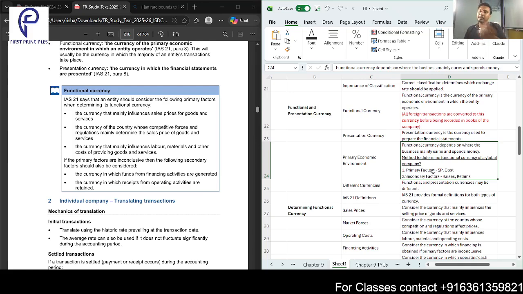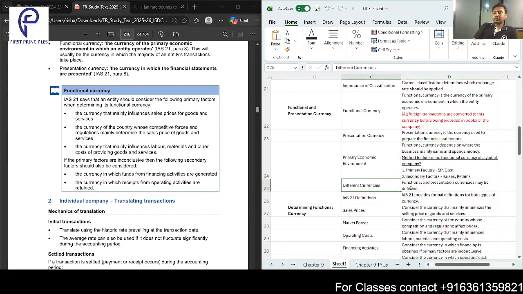If it's a single currency, that is your functional currency. But sometimes it's hard to find a single currency when you're a global company and your suppliers are somewhere else, customers are somewhere else, and it becomes a little difficult. The method to determine the functional currency of a global company: you look into the primary and the secondary factors.